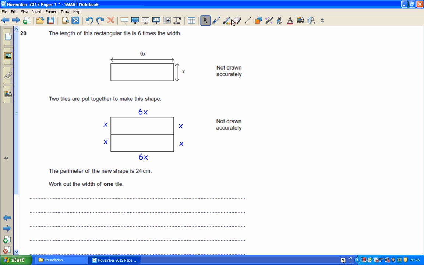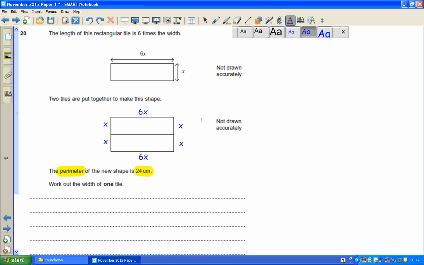Now from earlier we should remember that the perimeter is the distance around the outside of this shape. So we know that the distance all the way around the outside of this rectangle is equal to 24. So what are they equal to?